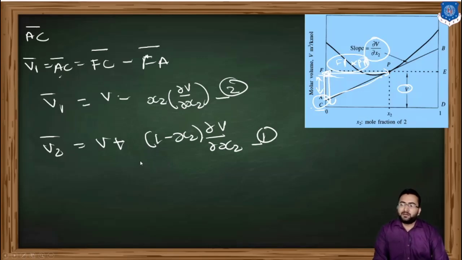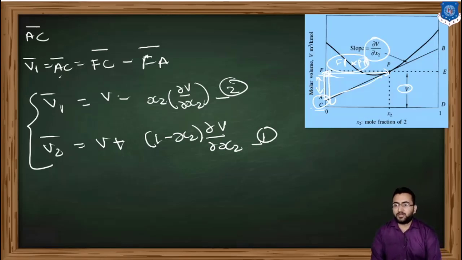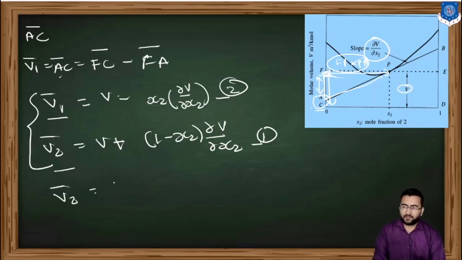Now these values come from the graphical representation. If we want to find the values analytically, we have to prove that both equations are true. If we rearrange this equation, we can say that V plus 1 minus x2, which becomes x1, times del V upon del x2.